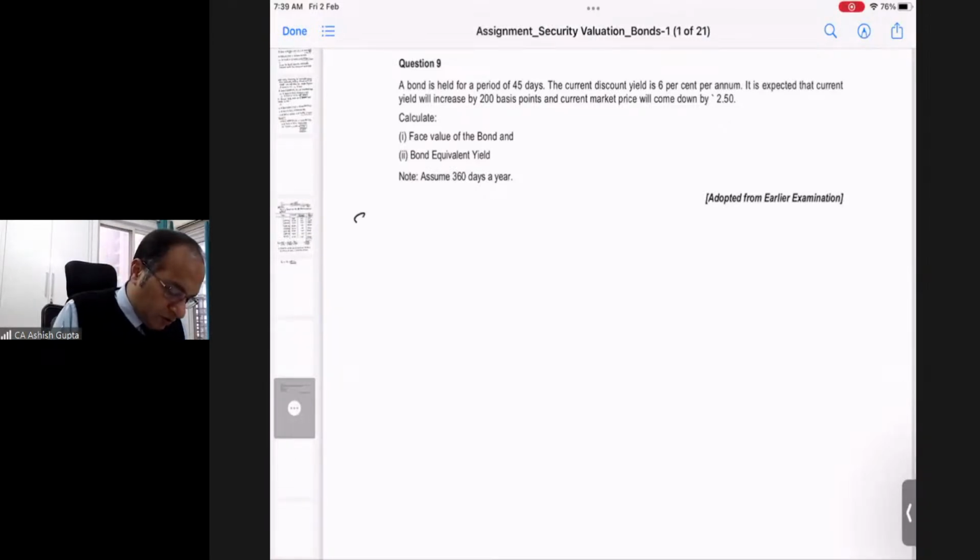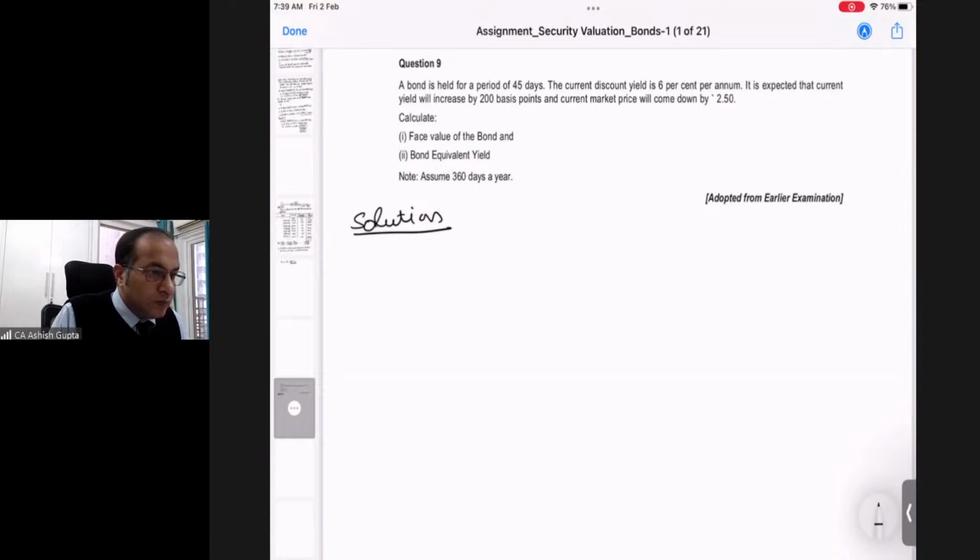I'm just coming to the next question. It says the bond is held for a period of 45 days. The current discount yield is 6% per annum. It is expected that the current yield will increase by 200 basis points and the current market price will come down by rupees 2.50.